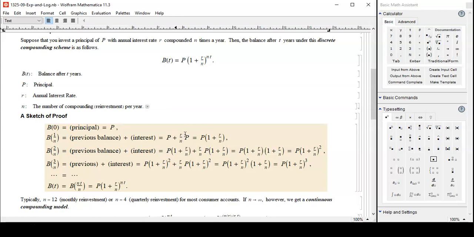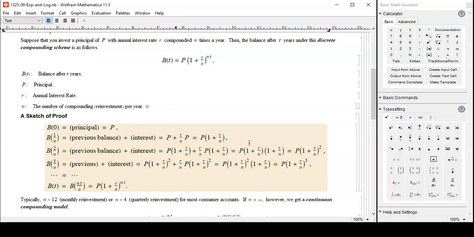So if you're going to do this for quarterly reinvesting, then it should be R divided by 4. If it is going to be monthly reinvesting, it should be R over 12, and so on. In general, R over n. So factoring P out, we get P times 1 plus R over n. That's one compounding period later. Say 1 quarter later or 1 month later.